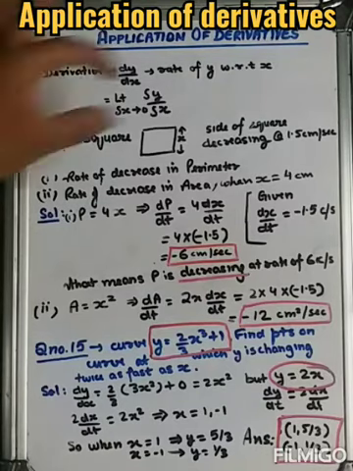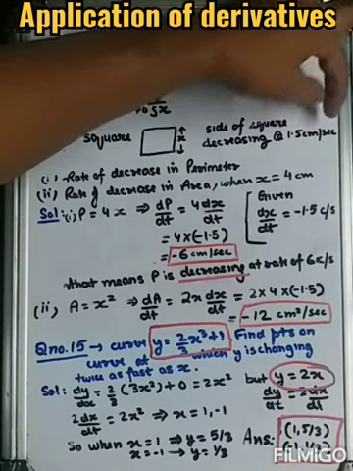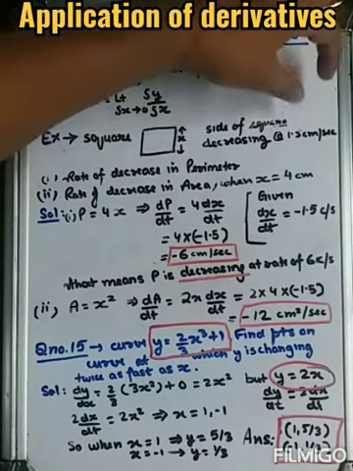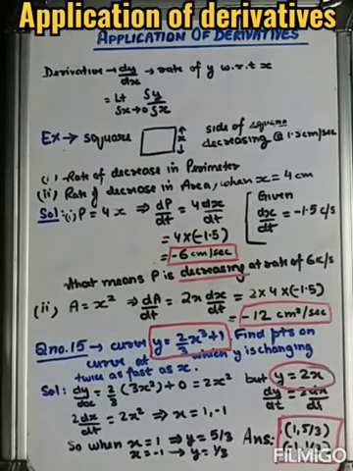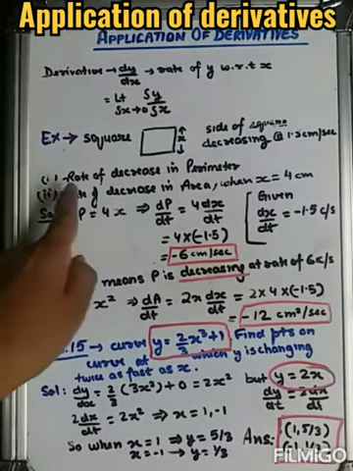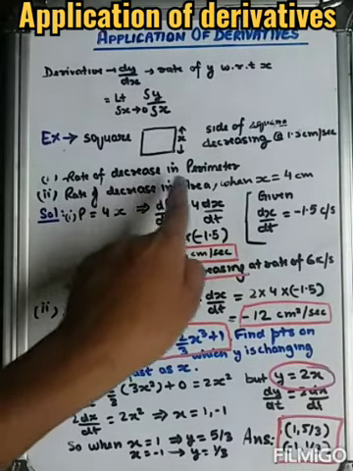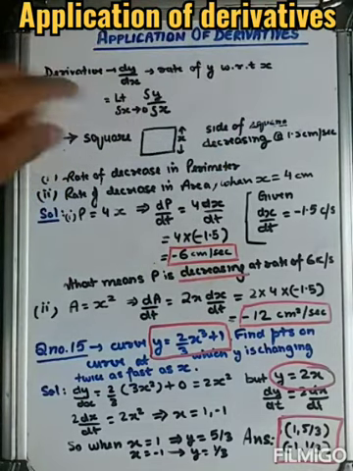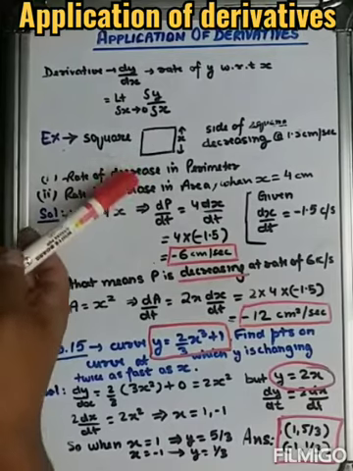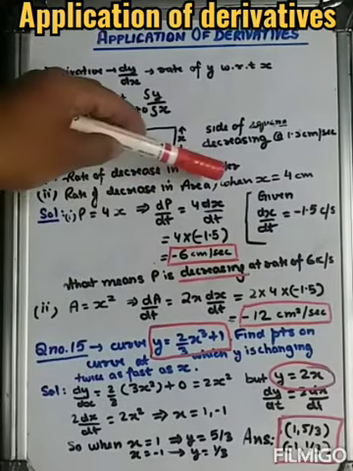So if the side of the square is decreasing this many centimeters per second, what will be the effect on the perimeter? What will be the rate of decrease in perimeter? And in the same way, what will be the rate of decrease in area?